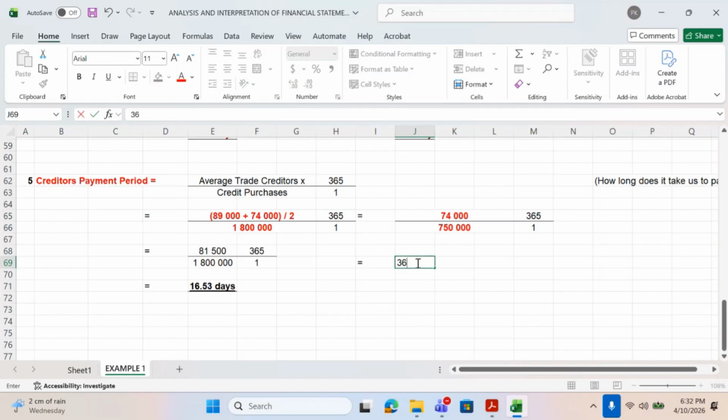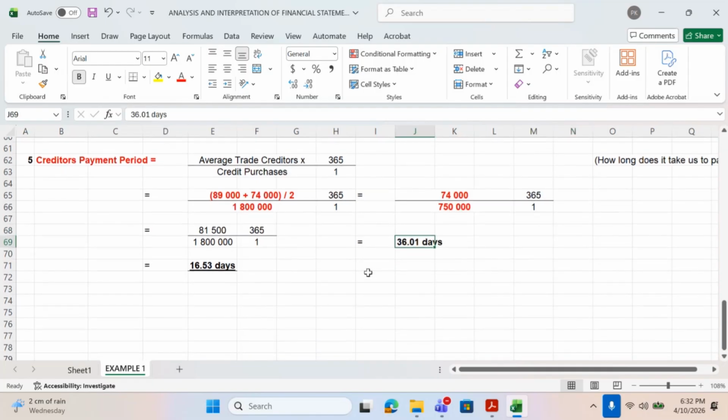Thank you on that. 36.01 days. So this is our creditors payment period.